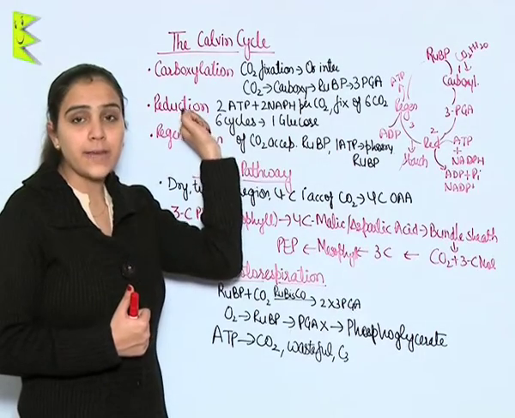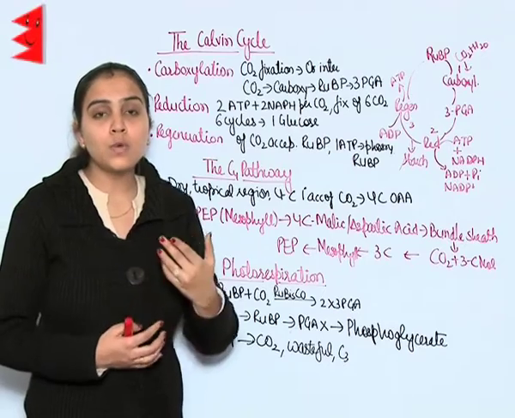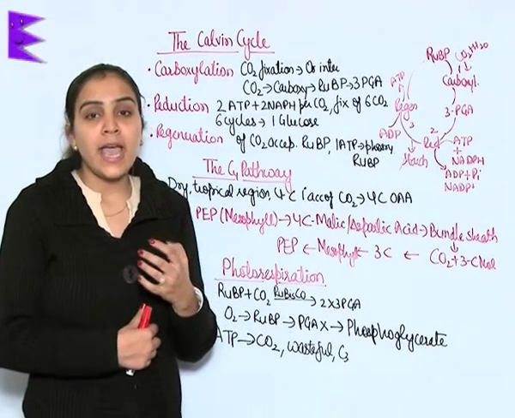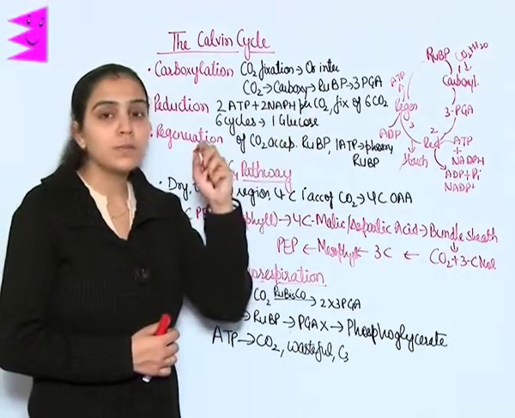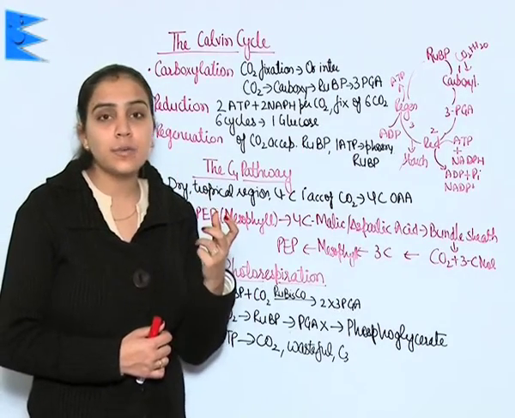this carboxylation, and thus RuBP gets converted into 3-PGA. This next step is reduction. In this step of reduction, 2 molecules of ATP get phosphorylated, and 3 molecules of NADPH per 1 molecule of carbon dioxide are required.